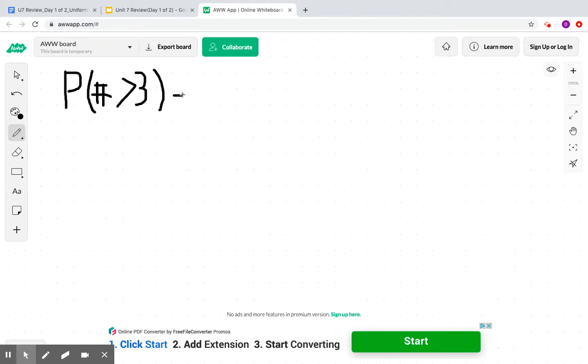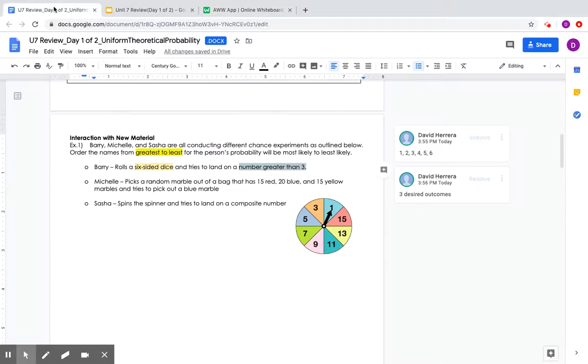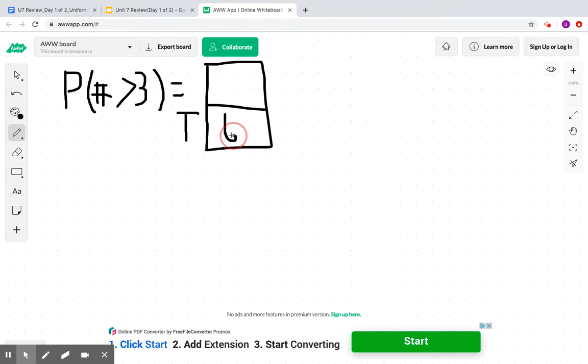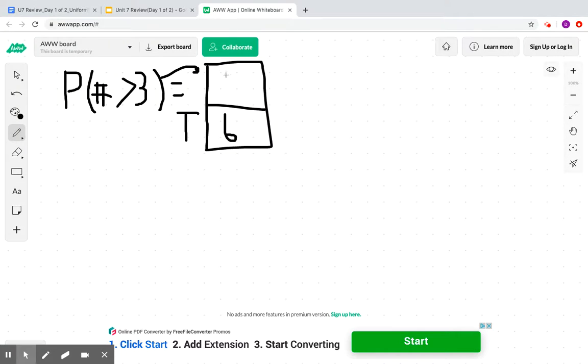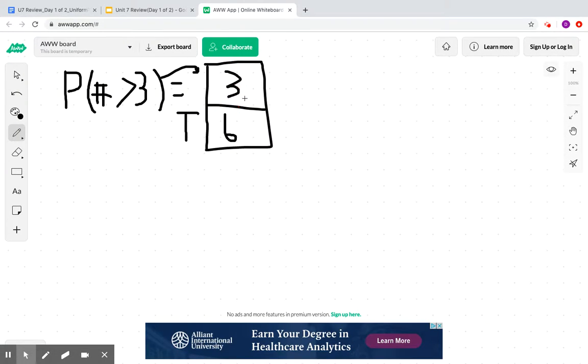We'll put a little equal sign here and we can make a fraction, but as always, I like to make it a rectangle so I can label this fraction and you know where those numbers are coming from. In the denominator, we put our total number of outcomes, and we said there are 6 of them. Over in the numerator is going to be our desired outcomes.